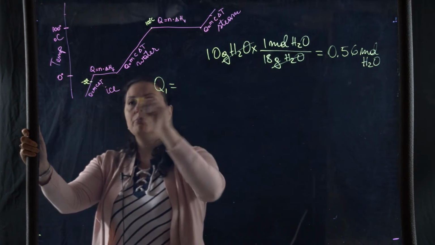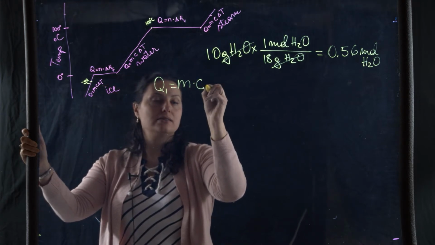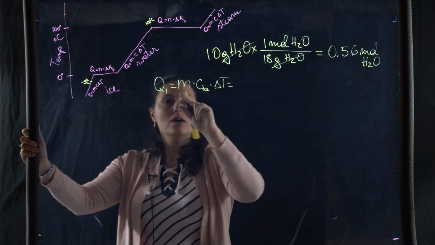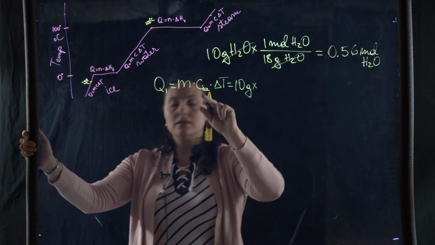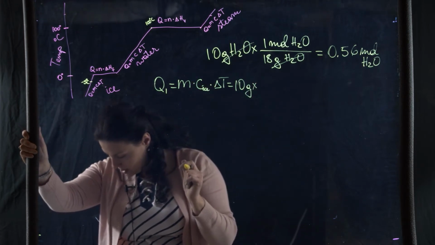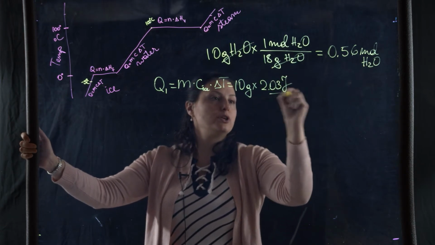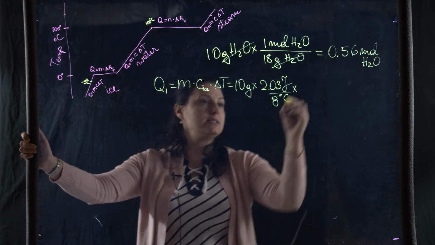Q1, therefore, will be M times C for ice times delta T. The mass is 10 grams times the C for ice, 2.03 joules per gram degrees Celsius, times delta T.